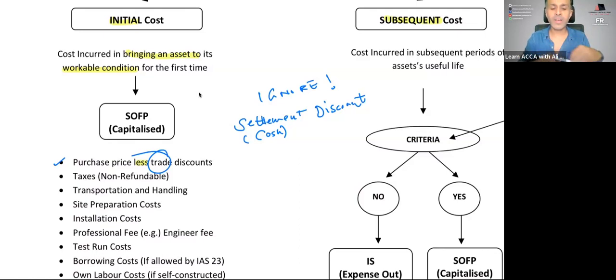What is trade discount? Trade discount is a part of a trade policy. The trade policy was that whoever will buy an asset will get 10% discount. So everyone who goes to buy an asset gets the discount and the price reduces to 90% immediately. From the seller's perspective, it's a reduction in price.